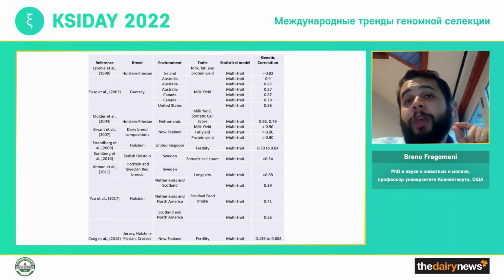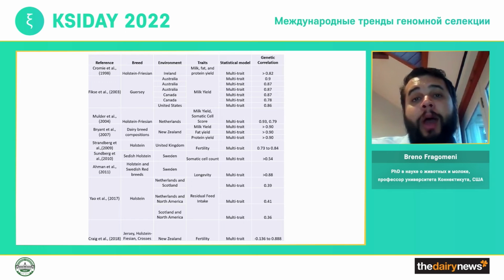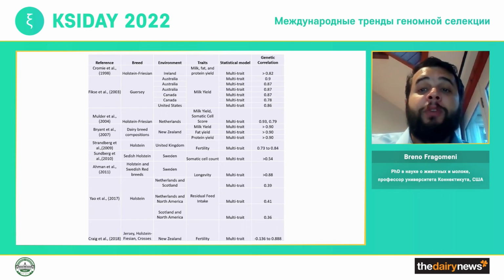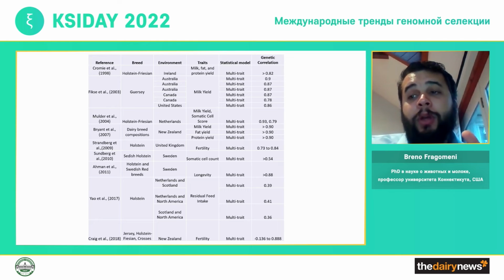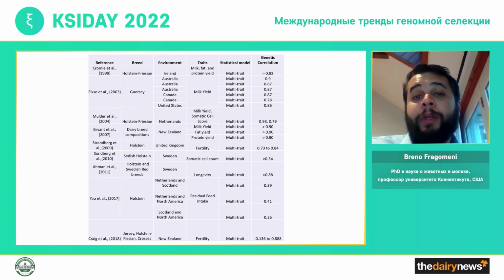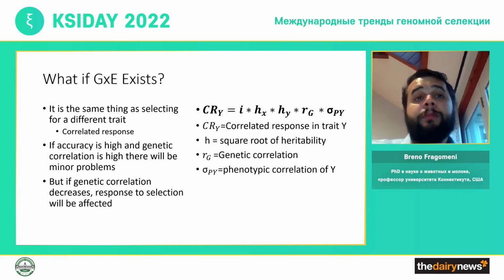So if we're thinking maybe just about milk yield, G by E is not a big concern, but when you start talking about health, reproduction, and efficiency, that's when we are going to start seeing those impacts. This table here was made by my grad student who is actually pursuing the research comparing Connecticut and New England.